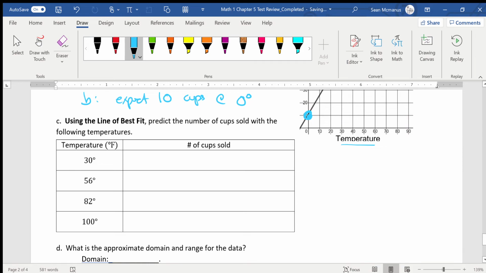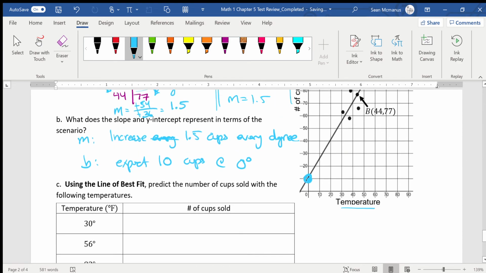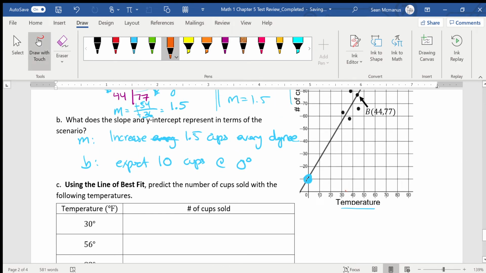All right, using the line of best fit, predict the number of cups at the following temperatures. So when the temperature's 30, all I have to do is go over to 30, go up and see where it hits. It hits right there. That's about 55. At 56, I'm going to go somewhere in here.